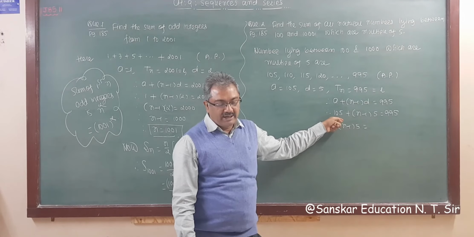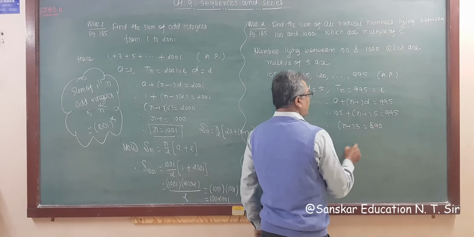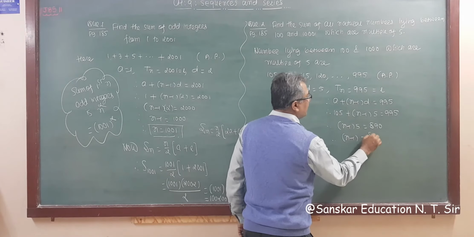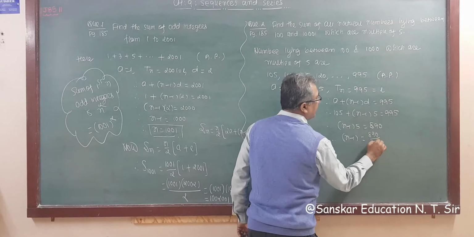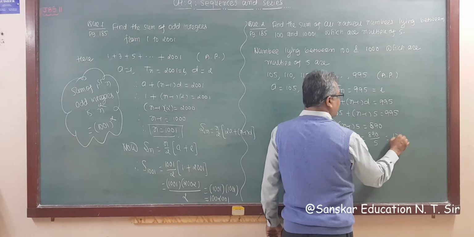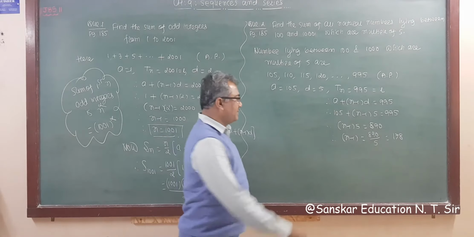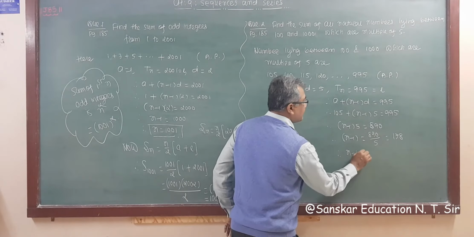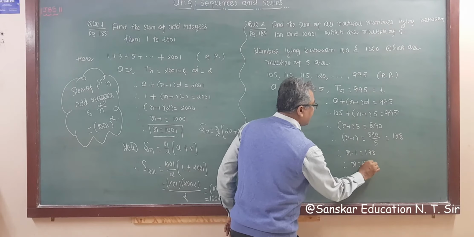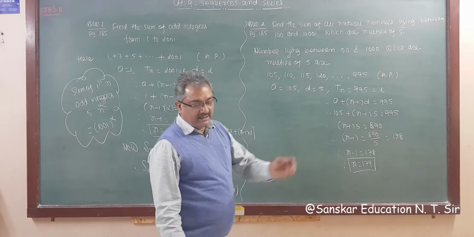Now taking 5 to the opposite side, we get n minus 1 is equal to 890 divided by 5. So we get 178. So n minus 1 is equal to 178. Therefore n is equal to 179. So the total number of terms is 179.